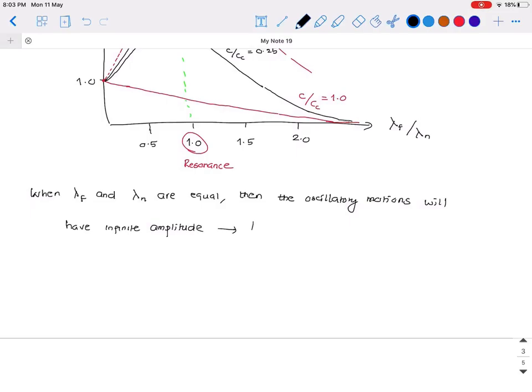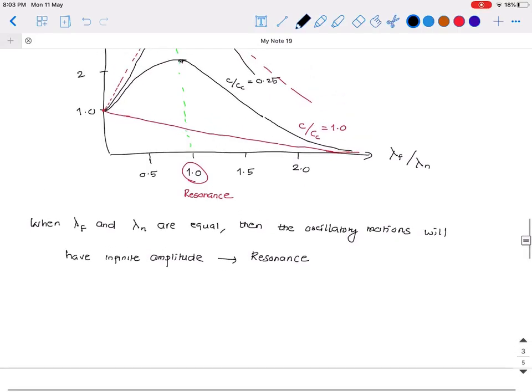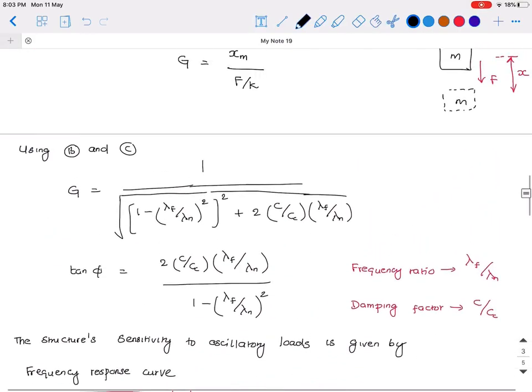And we call this condition resonance, which you must be knowing from your high school physics. You can check that we are getting infinite displacement from this equation.